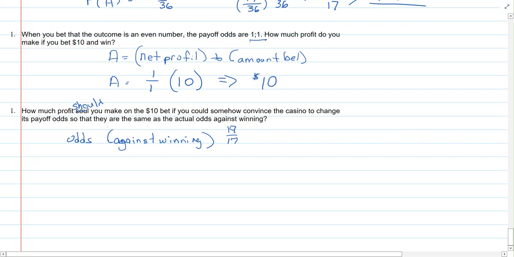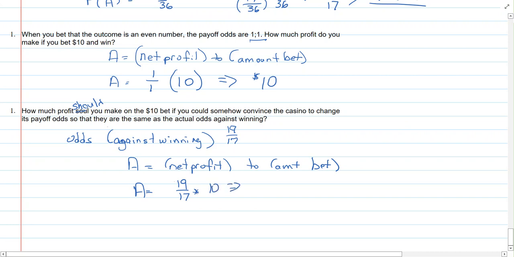Okay, so this is our payoff scale. And so remember, it's net profit to amount bet. So this is going to be our amount equal to the 19/17 times the 10.